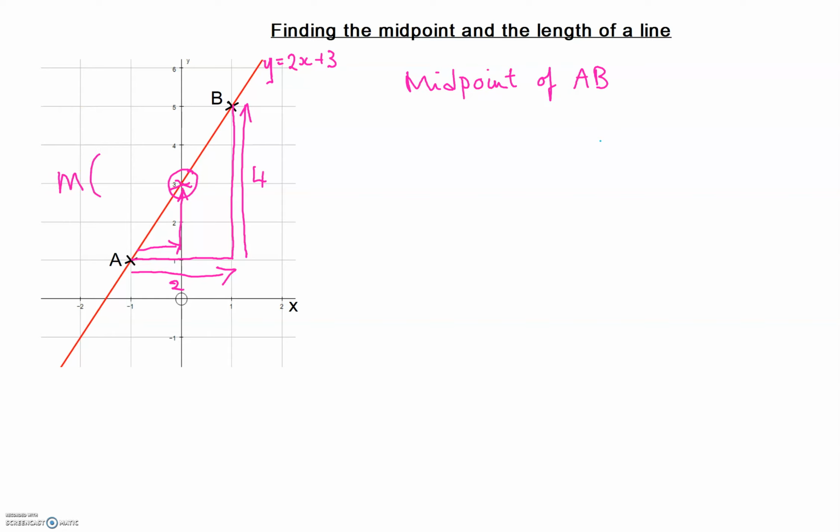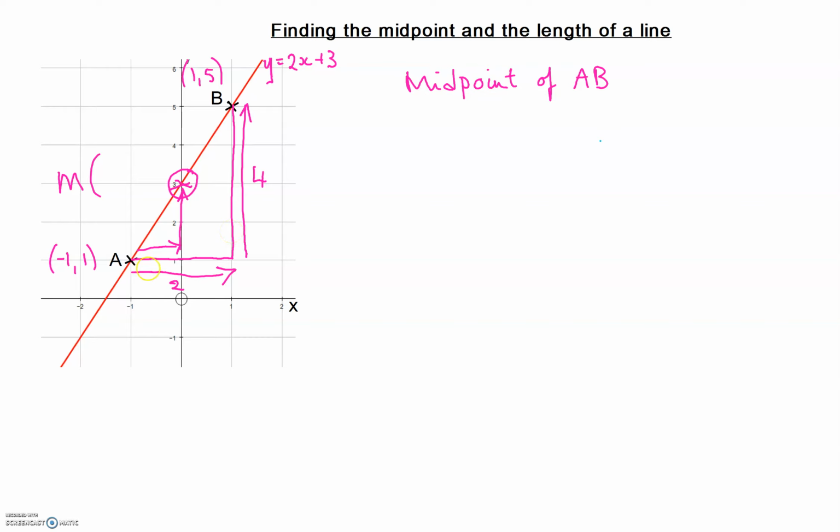Now, you know that the coordinates of A are -1, 1. You know that the coordinates of B are 1, 5. So what you're actually doing is you're finding halfway between the x coordinates and halfway between the y coordinates.